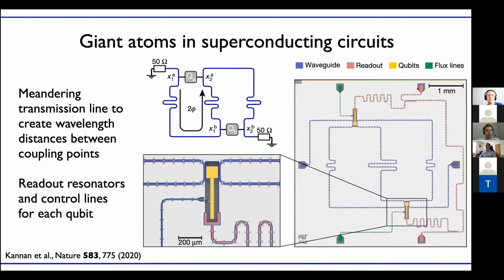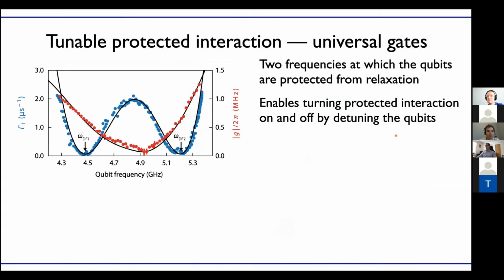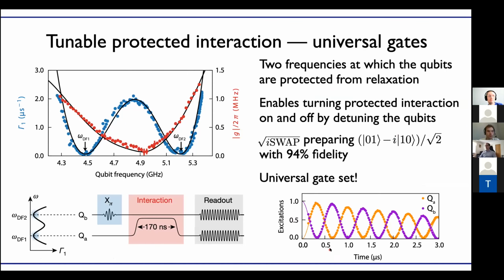And then they probe the cavity here with a readout line and detect this change in cavity frequency that corresponds to a change in the qubit state. So that's how they measured these oscillations, for example. It was not through the waveguide at all, but through individual readout of the qubits through these resonators.